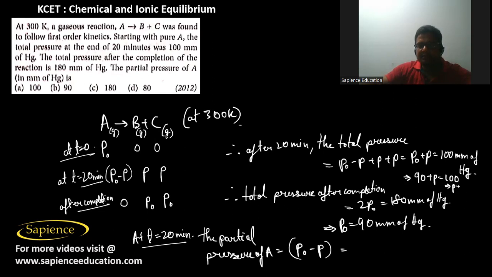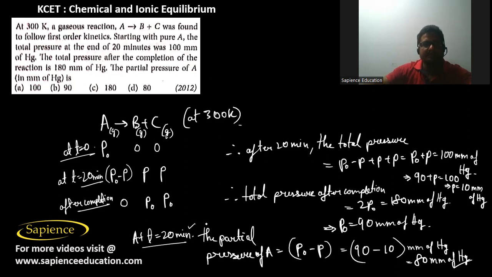So it means that P will be equal to 100 minus 90, that is 10 mm of Hg. So P naught is 90 minus 10, that is 80 mm of Hg. So 80 mm of Hg is the partial pressure of A at t equal to 20 minutes. So option D is the correct answer.